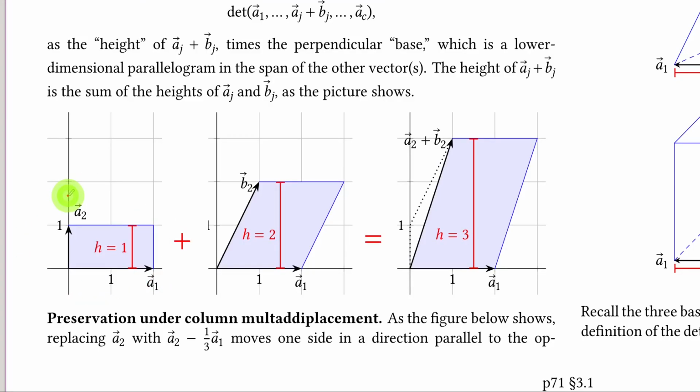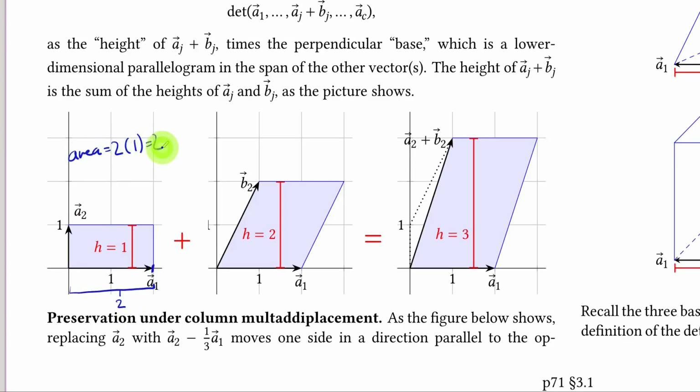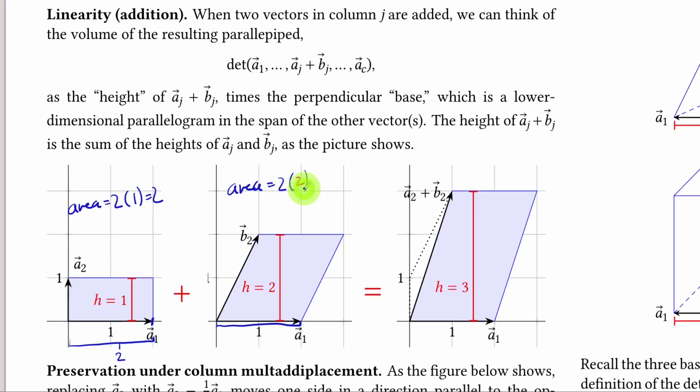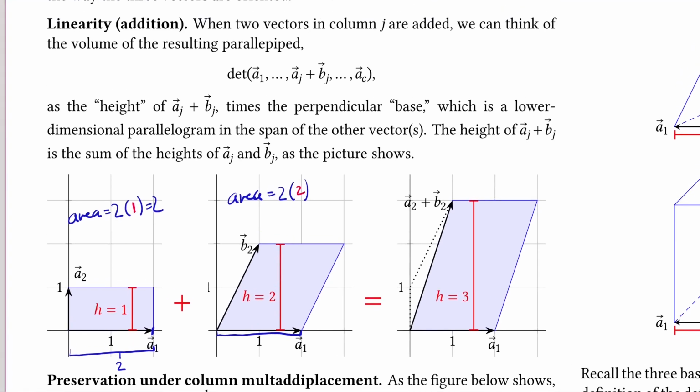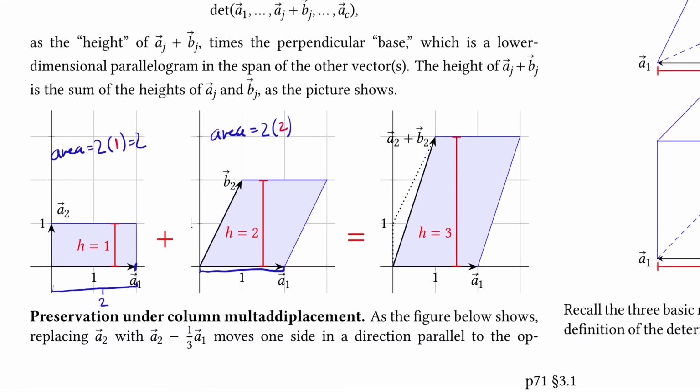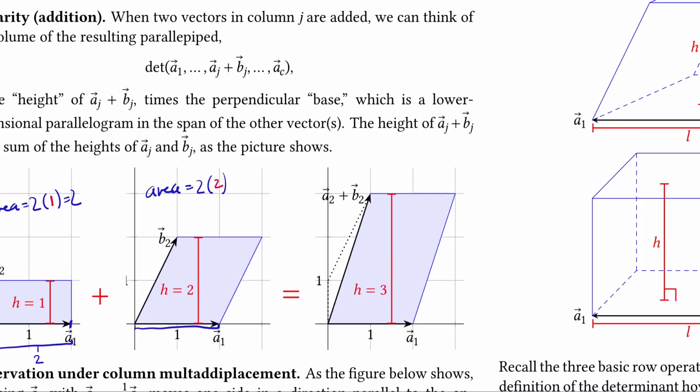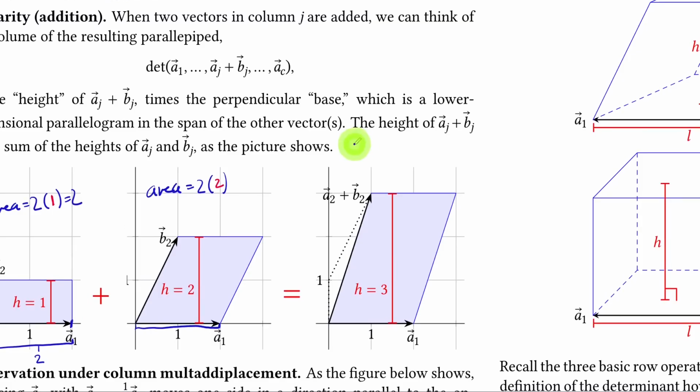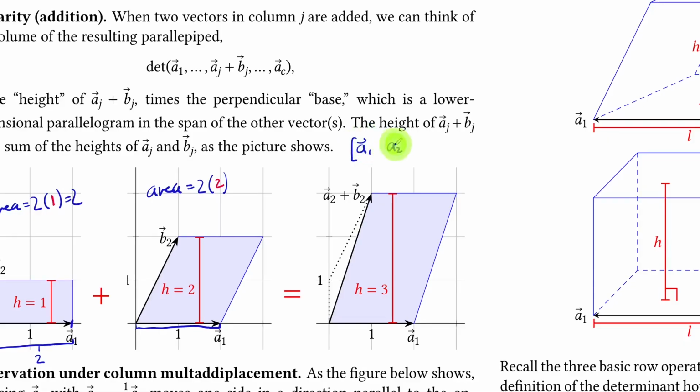The determinant of this is 2. And here's another parallelogram that has the same A1, it's just that the B2 is different. And the area of this one is going to be the same base of 2 times the height of 2. Now, what if we make a new matrix with the same column A1 as before, but the second column is A2 plus B2?